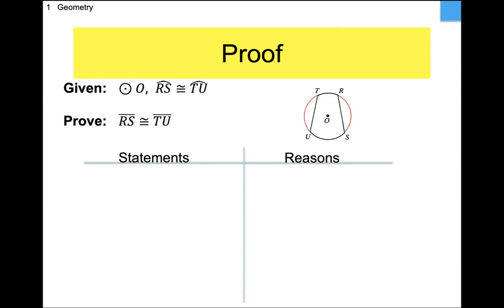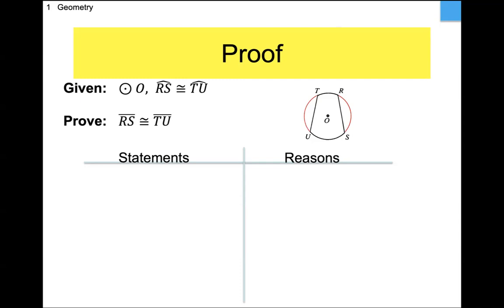The chords TU and RS cut an arc, arc TU and arc RS, and we're given that the 2 arcs are congruent, so their arc measurements are equal. We're asked to prove that if in a circle 2 arcs are congruent, then the chords, if we connect the endpoints of the 2 arcs, TU and RS, are congruent.